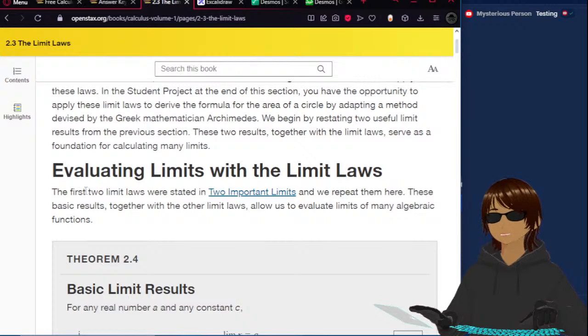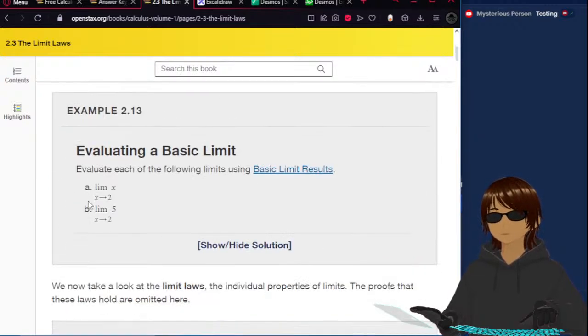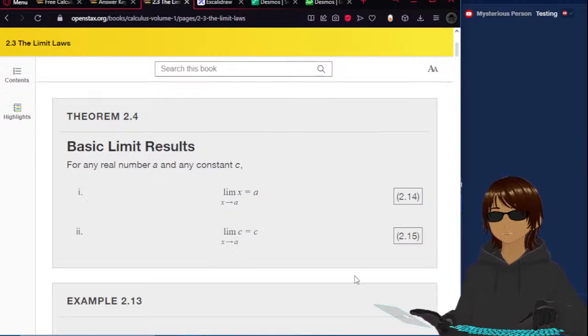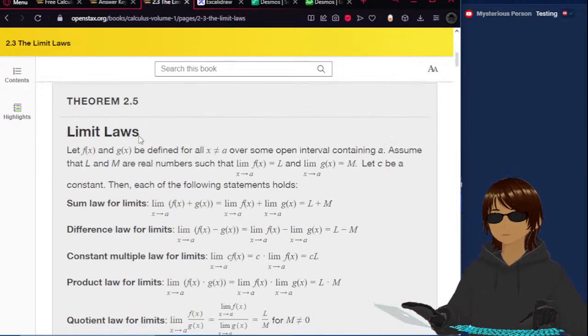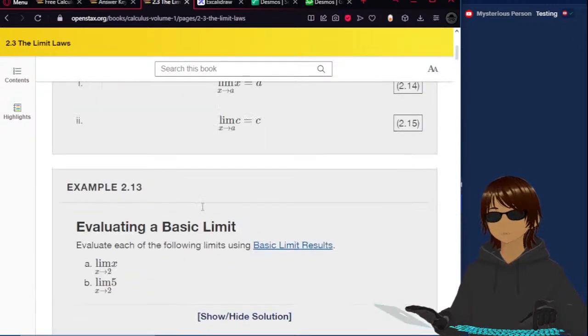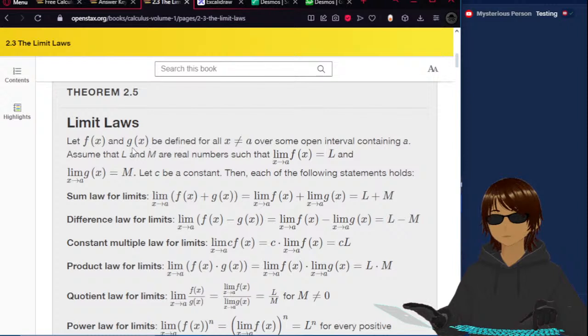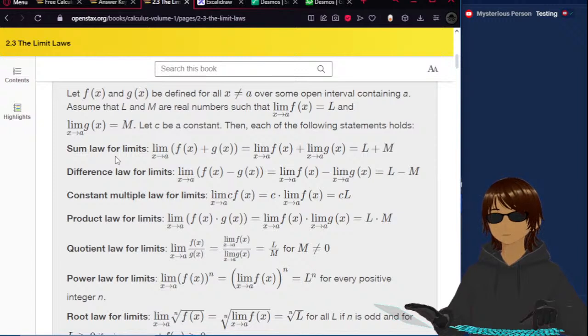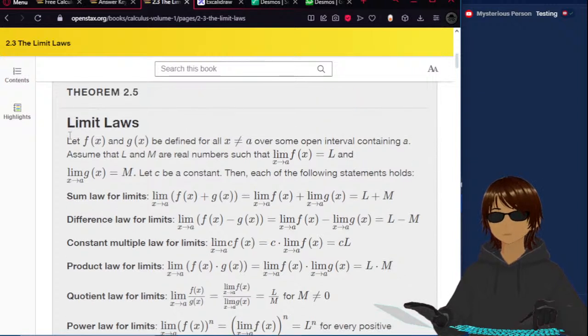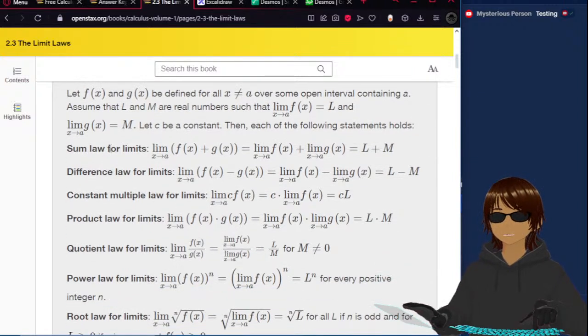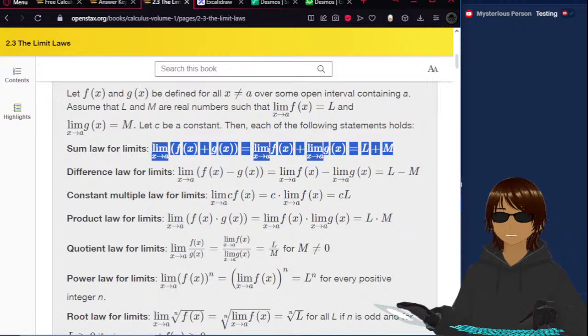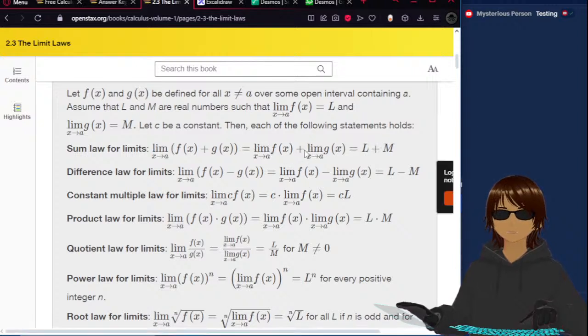Evaluating limits with limit laws. We already wrote this. Some law is that if you have a sum, then you can take the limits separately and add them.